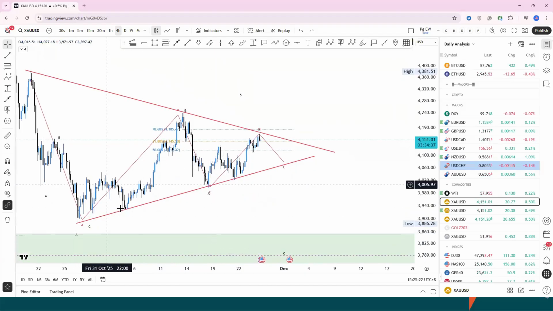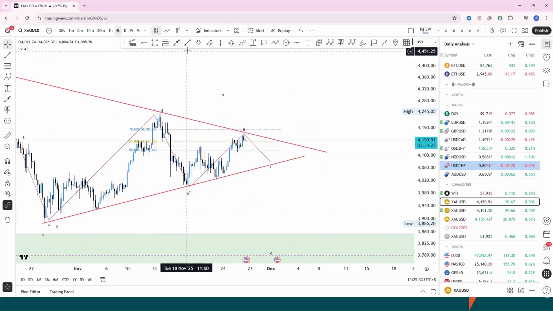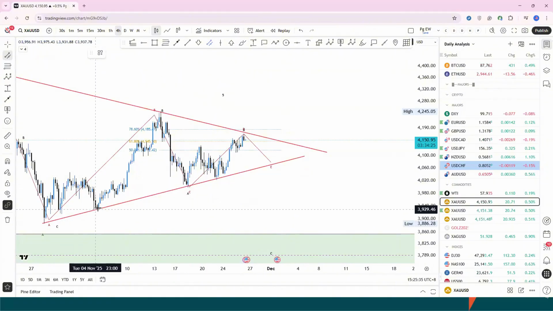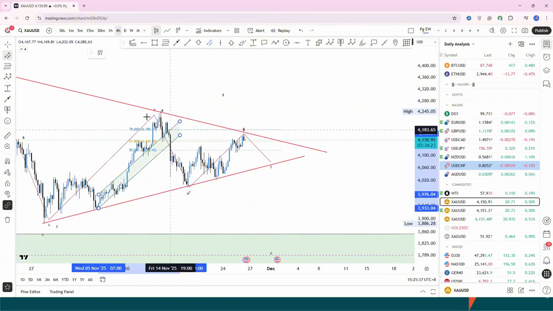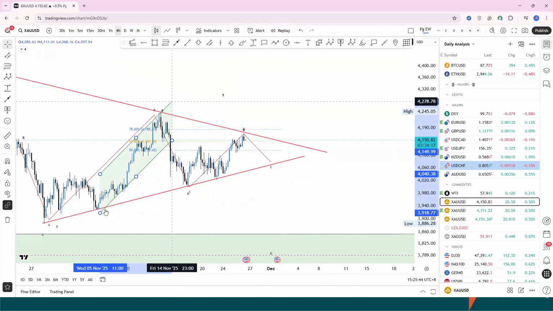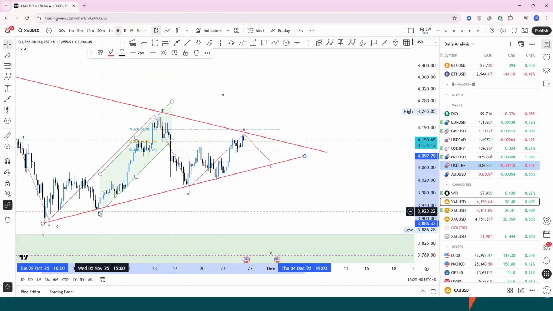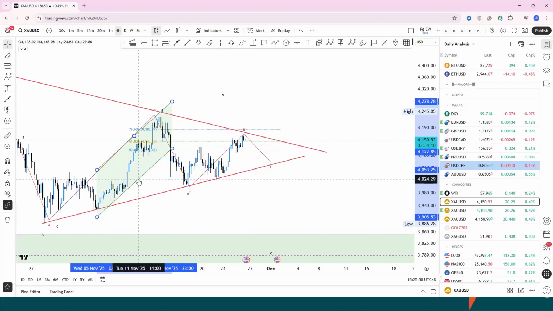And from 1, 2, 3, 4, 5. Okay. From here to here, the channel that we are using from wave from here to this level. Okay, this is not very nice, so I'm not gonna force it. Okay, not gonna force it this.